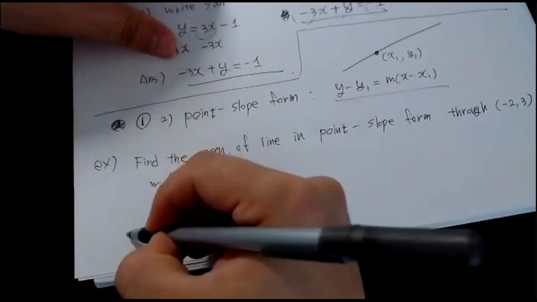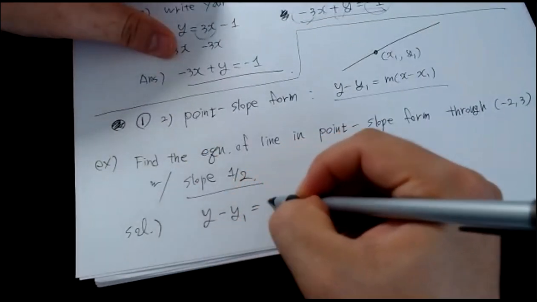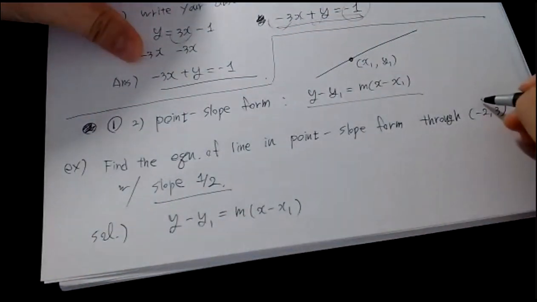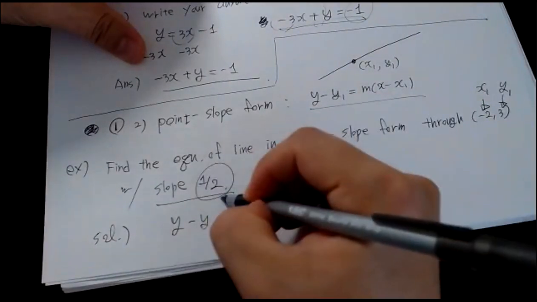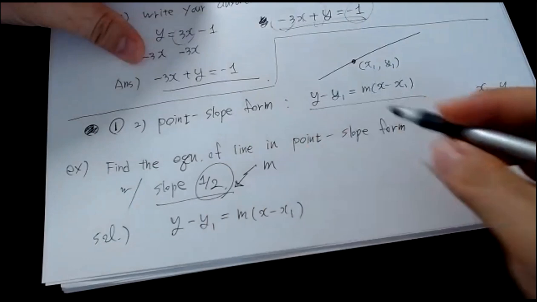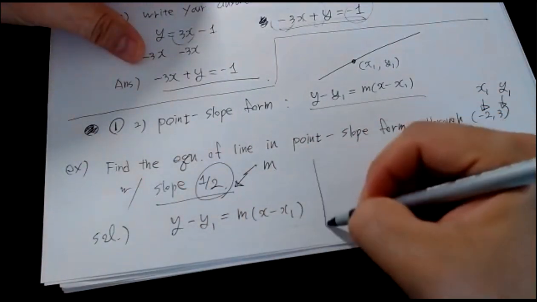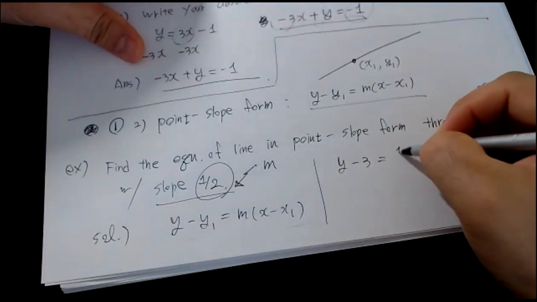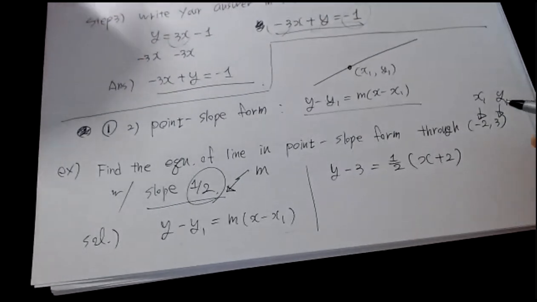So here's the solution. Starting from this, y minus y1 is equal to m times x minus x1. So we can set this as x1, and this as y1, and the slope 1/2 is the slope m, right? So plugging everything in, we get y minus 3 is equal to m, which is 1/2, times x minus x1, which is x plus 2, right?